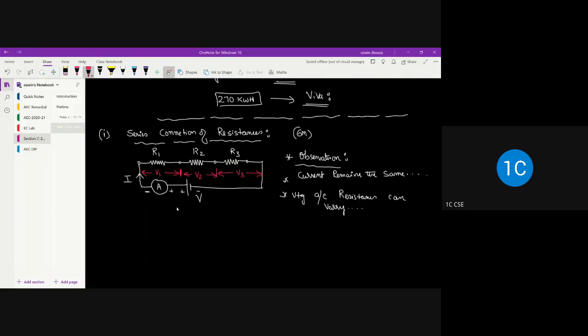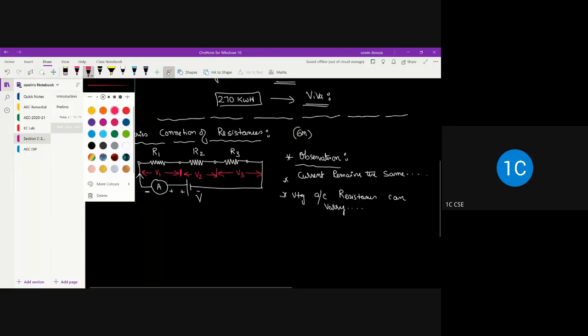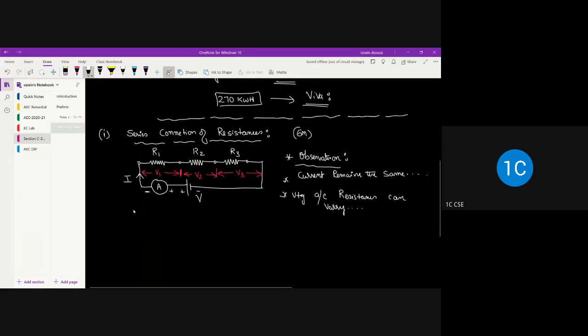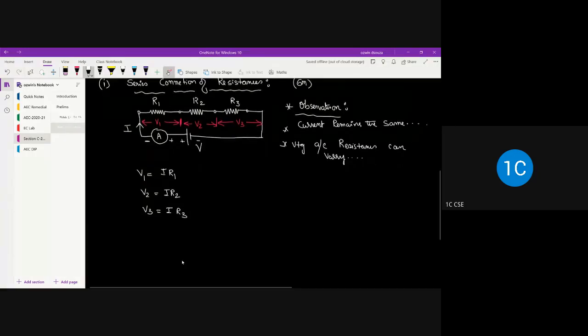Then we can write V1 is equal to, by Ohm's law, I into R1. Similarly, V2 is equal to I into R2 and V3 is equal to I into R3.